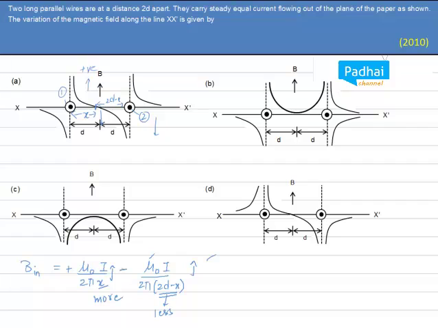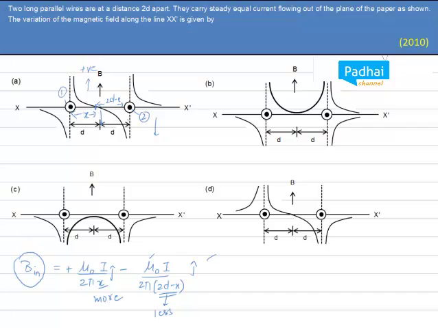So that means it will be negative. Eventually it will be negative because all the rest of the terms are equal, right? This will be negative. So that means we can definitely eliminate option A, because over here it is saying, right, so this is basically in between. I'm sorry, this cannot be eliminated. This can be one of the correct options. So basically this will be negative because this magnetic field is when they are in between.